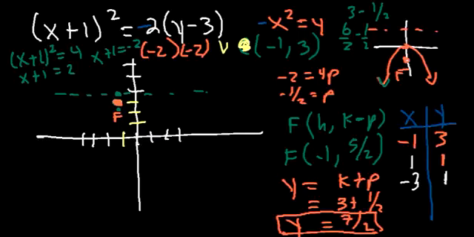Now I need to choose another point where I can get another perfect square. Perfect squares are like 4, 9, and 16. I already used 4. I don't want to use 9 because I need a fraction to get that. Well, actually, let me use 9.